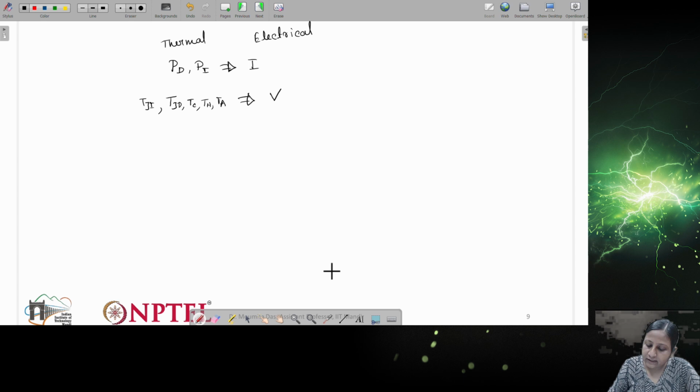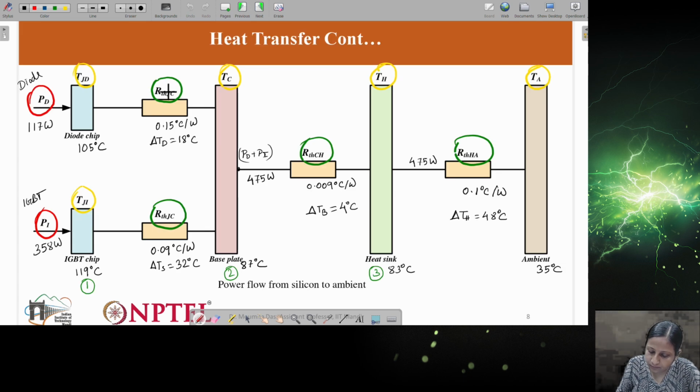Now this current is flowing through some resistances, right? So basically those resistances, generally in an electrical circuit, we represent in terms of R. Here we are representing in terms of RTHJC, RTHCH, RTHHA.